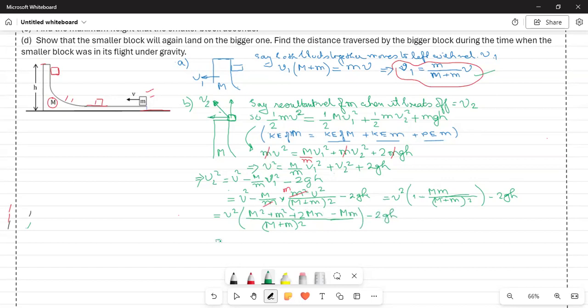This will be equal to v square into capital M square plus 2Mm minus 1Mm, so I'll have only 1 capital M small m, plus small m square, divided by capital M plus small m whole square, minus 2GH.